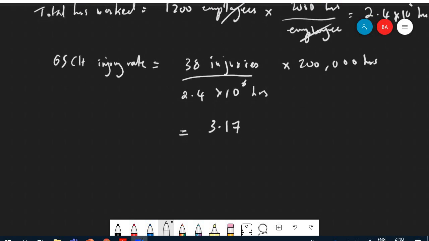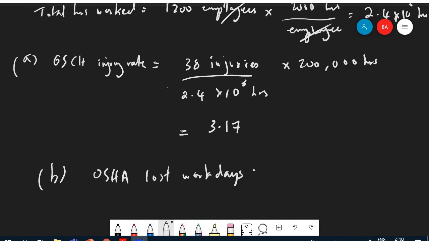This is part A. Very similarly, if I want to calculate the lost work days, this is equal to the 274 lost work days mentioned in our problem.